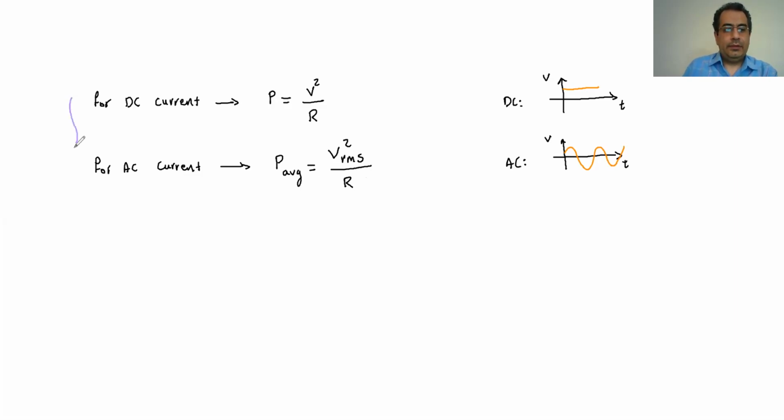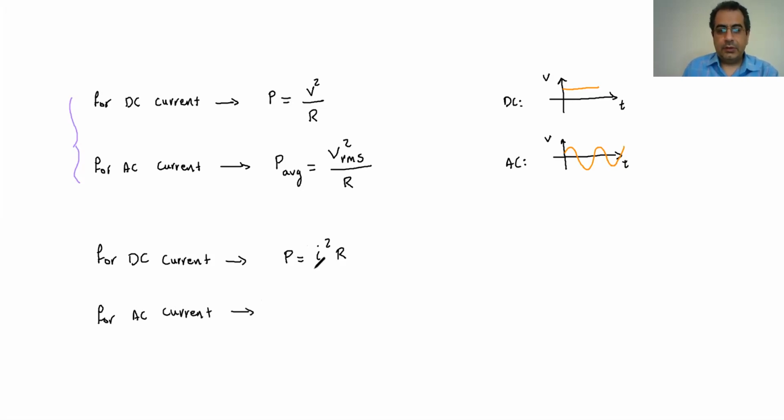The same here, also we will have it for another example. For DC current, we know that the power in the system is going to be I squared R. Now for the AC current, again the problem is that I is not constant anymore. I is changing.